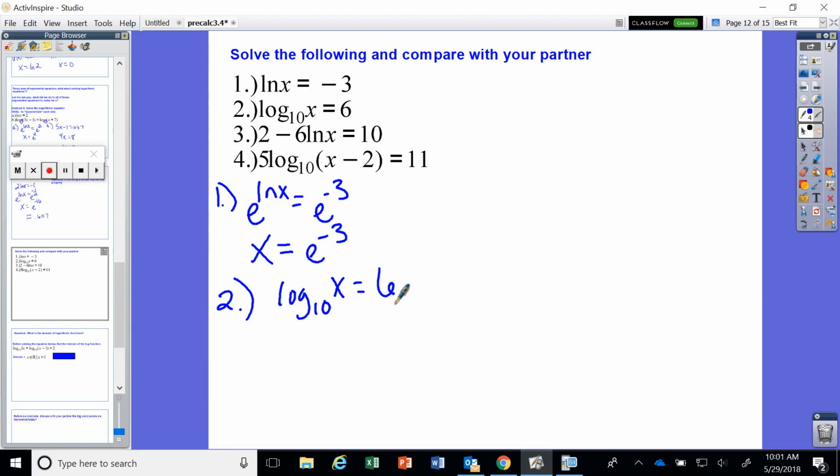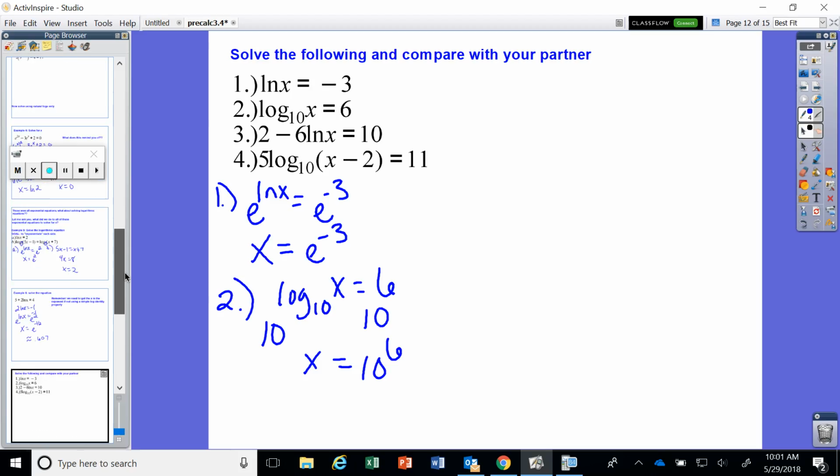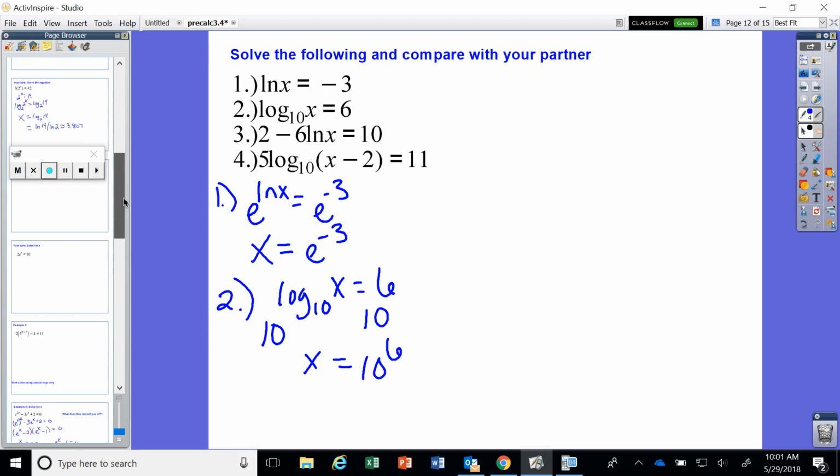Well, just like we would e both sides of the equation, it's kind of the same thing. We are going to raise both to the power of 10, because 10 to the log base 10 of x will give us x, and x will equal 10 to the 6th power when it is all said and done.